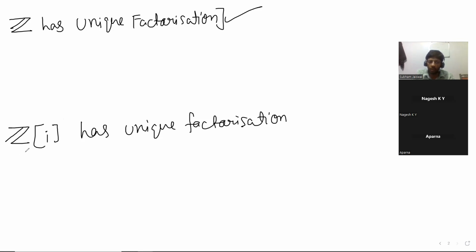What kind of elements are there? There is 2 plus 3i, there is 1 plus i, these kinds of things, and even integers are there. i is there. So Gaussian integers is what these are called. But this also has unique factorization.